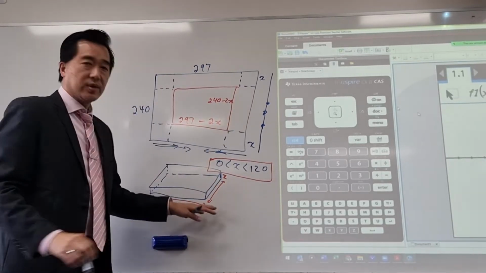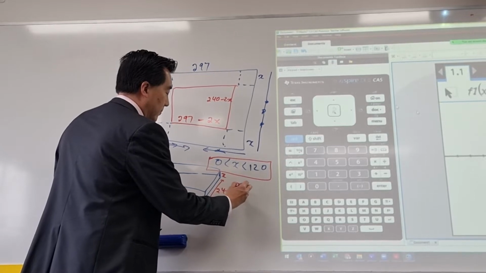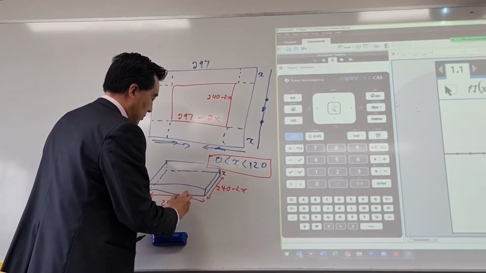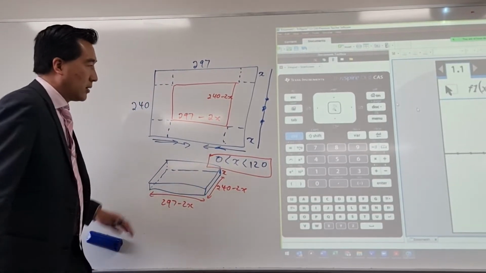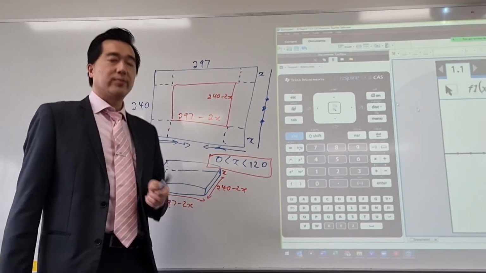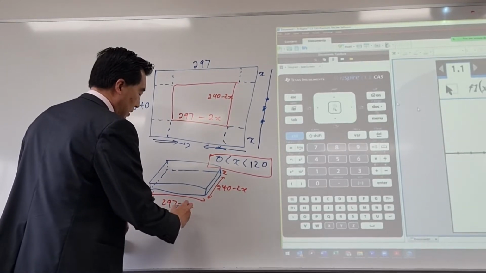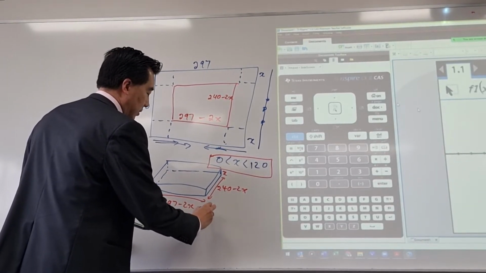Now, we can use that to label the box that's being folded up. Now, how do you find the formula of the volume of a box? It is simply length, width, height.